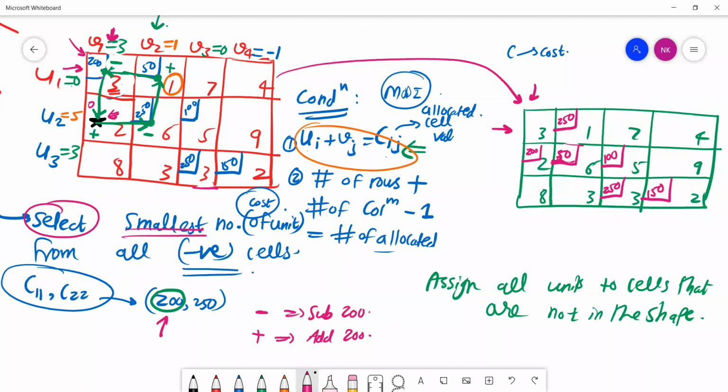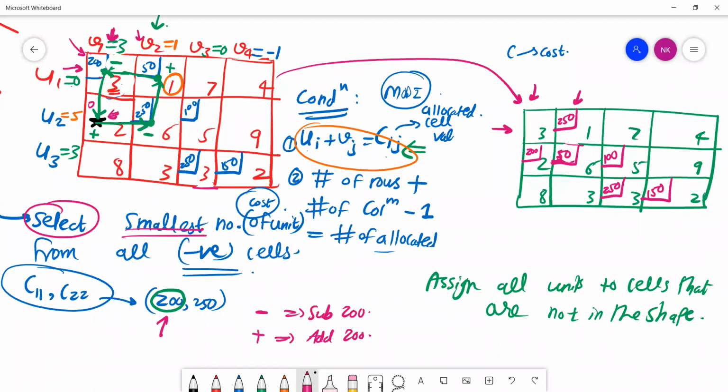It's maintained. Over here, 50 plus 250 is 300. In this case, 50 plus 250 is 300. So what you can see is that our number of units are remaining the same. That means we are not unbalancing the demand and the supply units. We are only adjusting it.